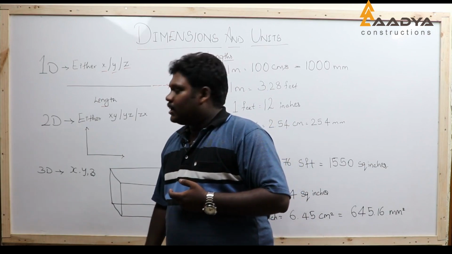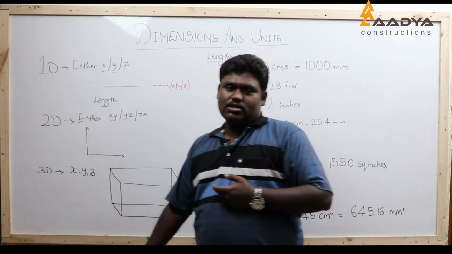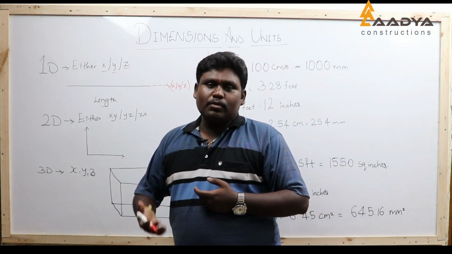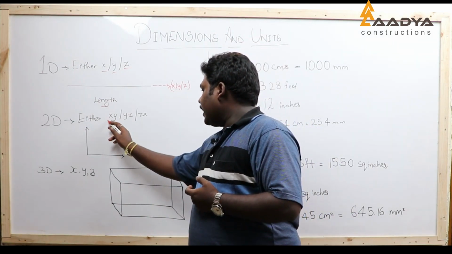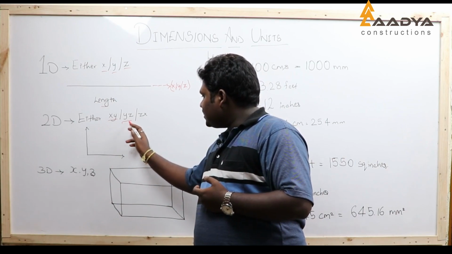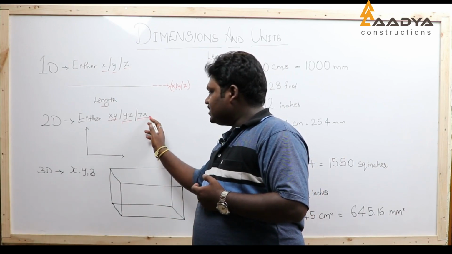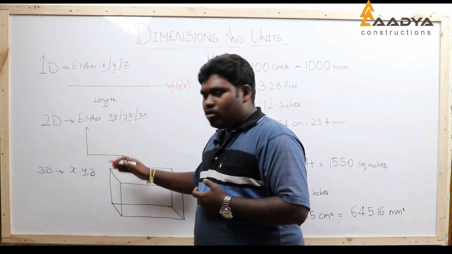So coming to next, that is nothing but a two-dimensional. In this we'll be working on two separate or unique planes. So it can be either XY plane or YZ plane or ZX plane. So you have two coordinates.